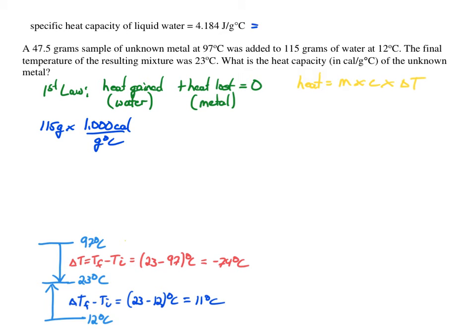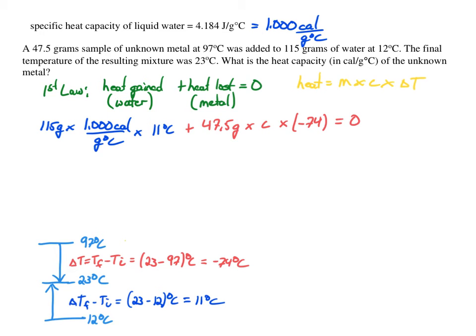I can use this other value, but this makes the math easier, calories per gram degree C. And our delta T for the water is 11 degrees C. Okay, for the piece of hot metal, we have 47.5 grams of the metal. We're trying to determine the specific heat capacity, so we're going to solve for that. And our delta T is minus 74. These have to sum to 0.